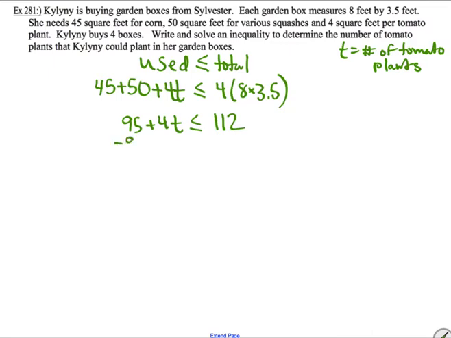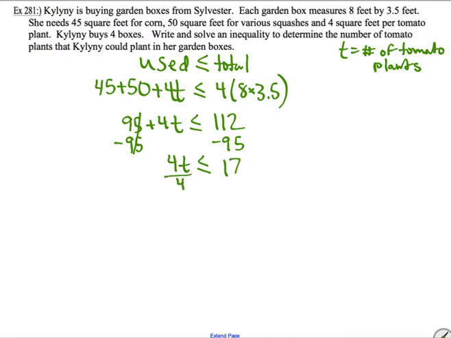If we do a negative 95 to take care of this 95, the tomato plants, we don't know how many there are yet, will have 17 square feet of space.